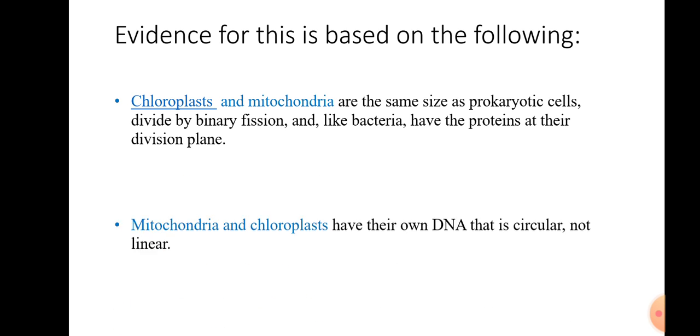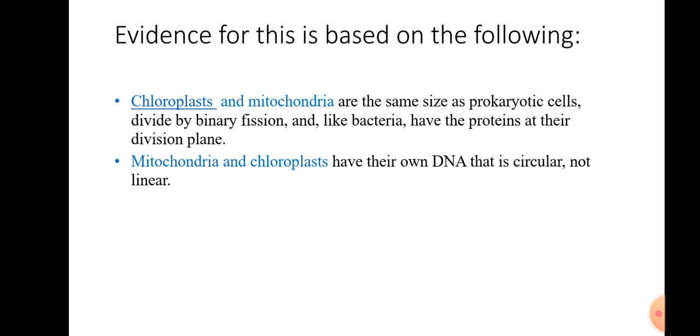Second evidence: mitochondria and chloroplasts have their own DNA, which is circular, not linear. As you know, DNA in mitochondria and chloroplasts is circular, and DNA in the prokaryotic cell is also circular. Those are some evidences which show us that mitochondria and chloroplasts were prokaryotic cells.